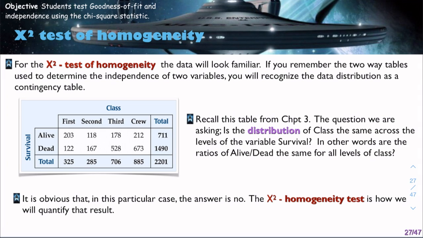And if you recall, it is obvious that in this particular case, the answer was no. The chi-squared homogeneity test is how we will quantify that result. Before, we didn't have the techniques to say for sure why these weren't the same, but now we do, and that's where this chi-squared test comes in.